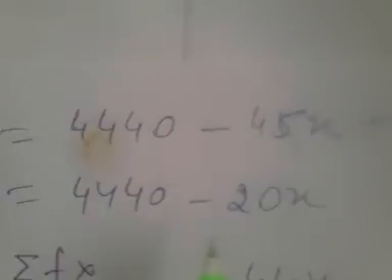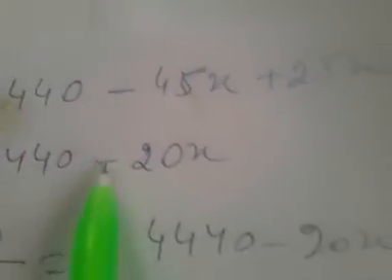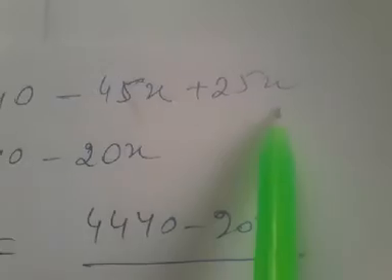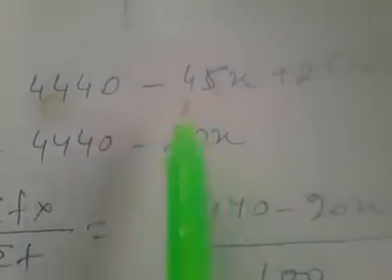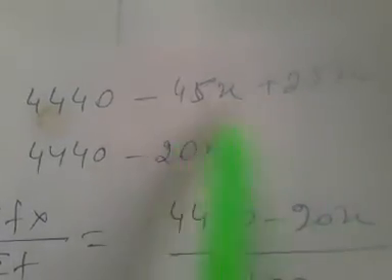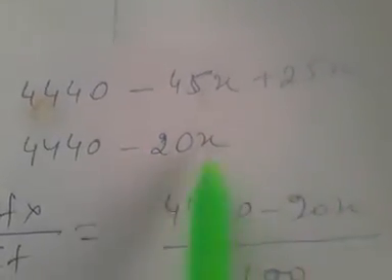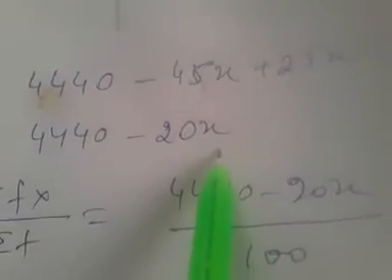Now summation fx is equal to 4440 minus 45x plus 25x, which will give us 4440 minus 20x. This minus 45 plus 25 simplifies to minus 20x.